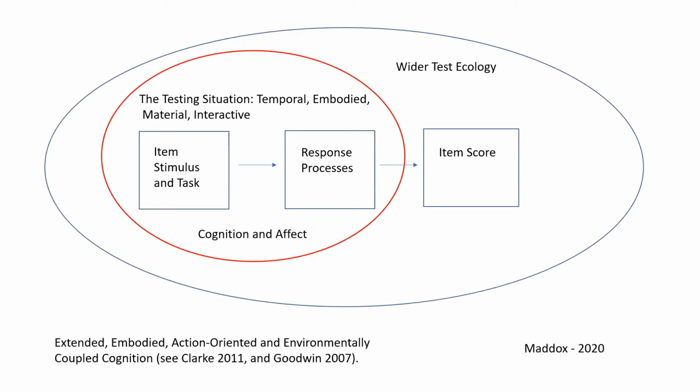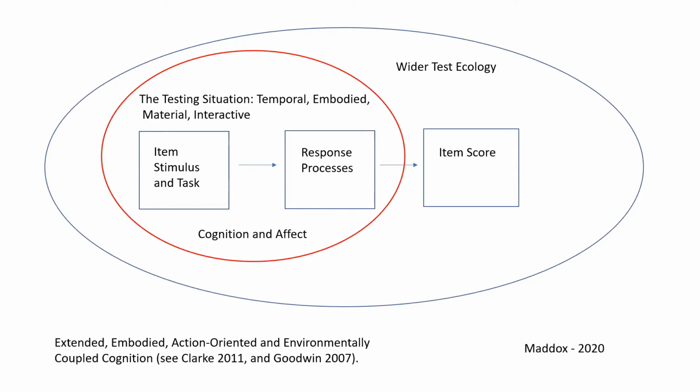And just to also expand, to rehearse yesterday's discussion about my sort of working model of process data. This was my working model here, where we're concerned in process data with what happens inside the red area. In that my definition relates to the specific characteristics of the testing situation.